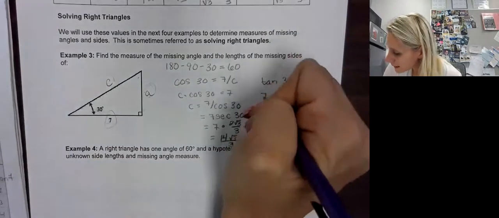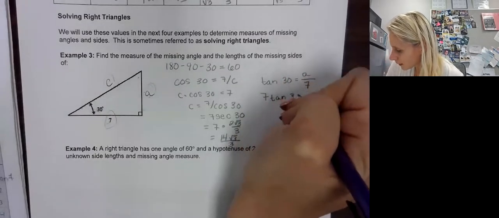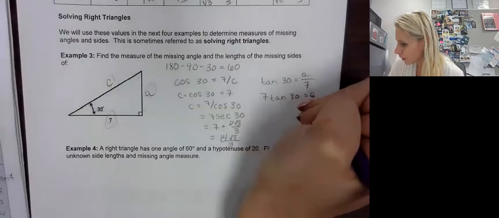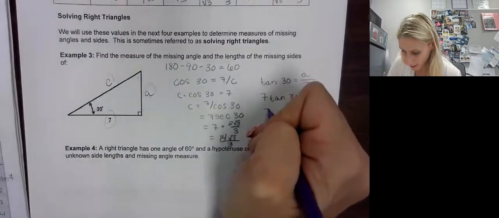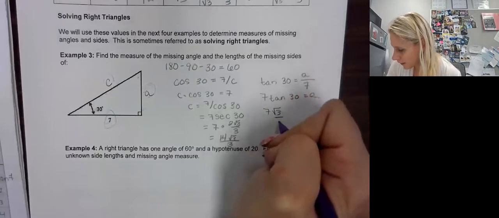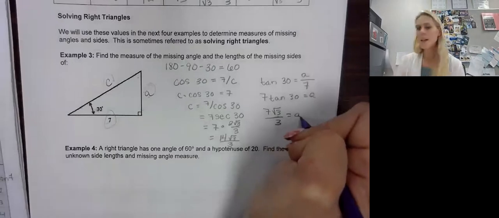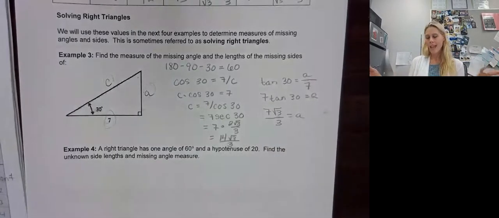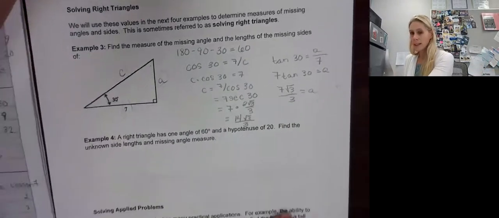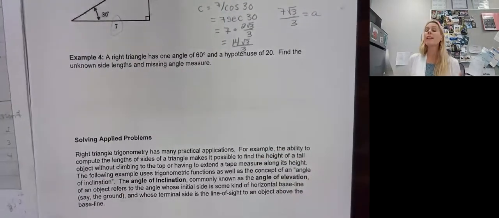So this gives me 7 times tangent of 30 equals A. Well, tangent of 30 is the square root of 3 over 3. And if you look now, guys, there's nothing else we can do with it. So we're done. Yay.